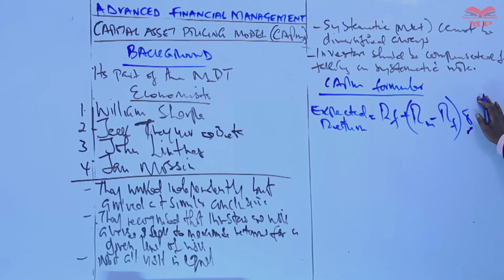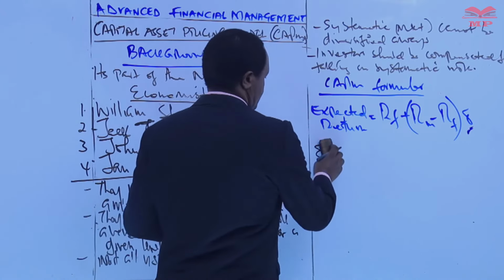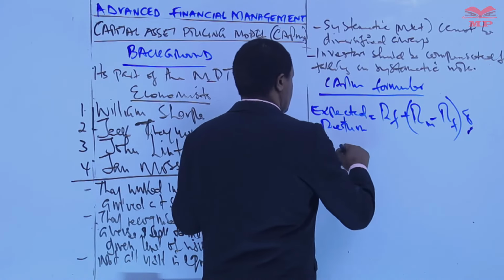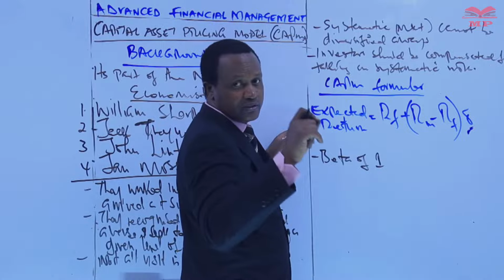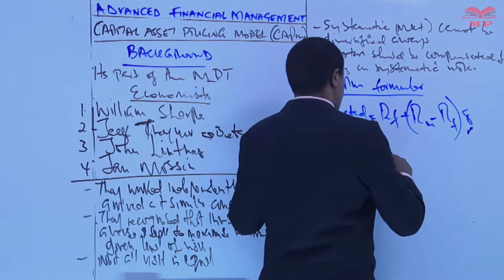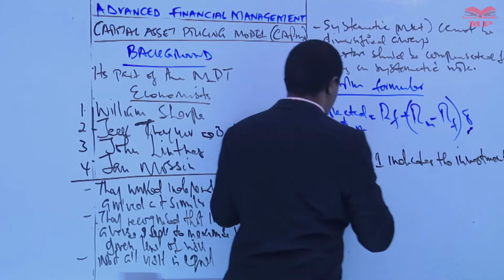If the beta of an investment is 1, it indicates that the investment or asset moves in line with the market.